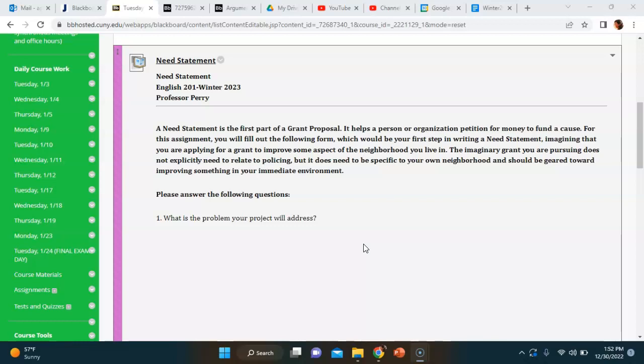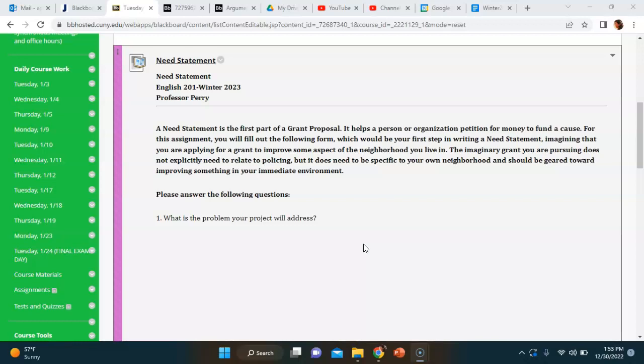So you are imagining that you're applying for a grant to improve some aspect of the neighborhood that you live in. And I do mean neighborhood in a small sense. So if you live in New York City, a borough is not a neighborhood. A borough is a giant landmass that is comprised of many different neighborhoods, and they are diverse and they have diverse needs.